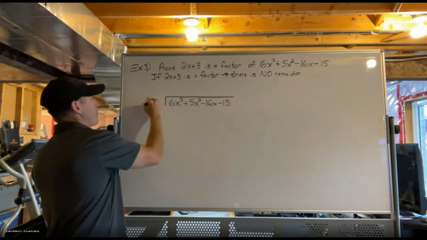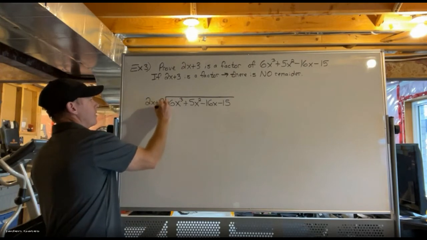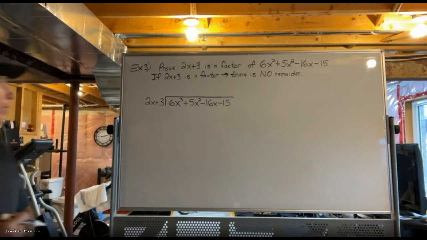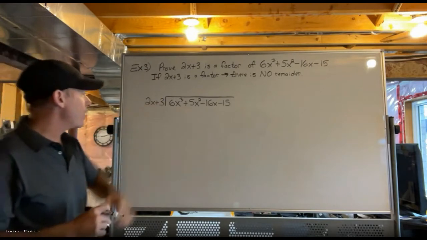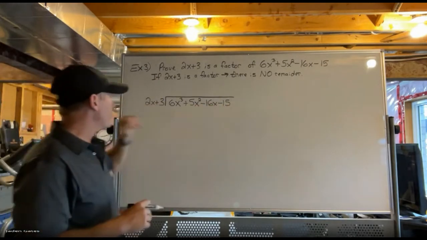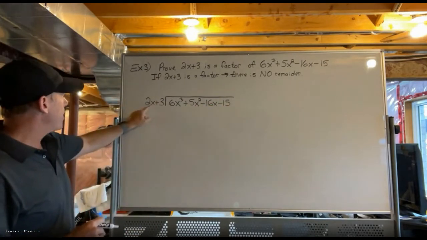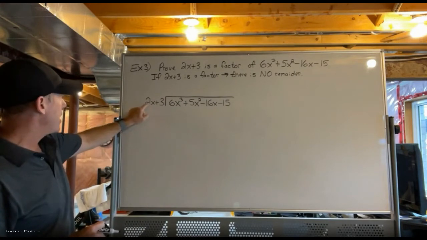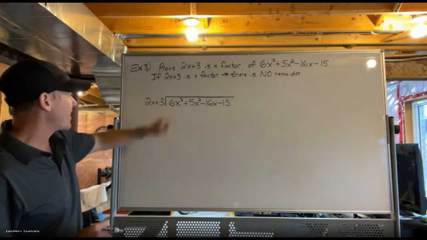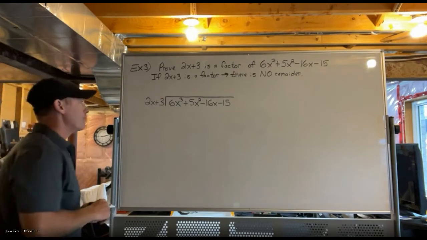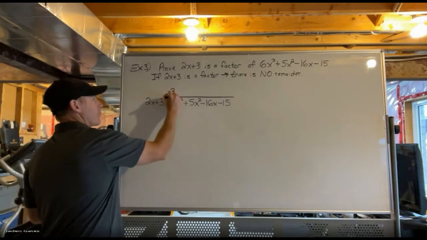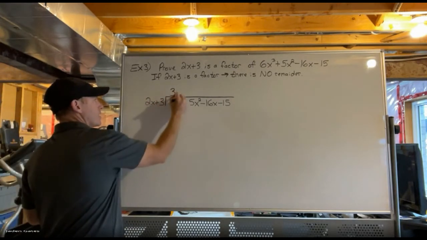And we're going to divide that by 2x plus 3. All right, so here we go. We've got everything written in the right order, filled in. There's no spaces to be filled in, so we're good that way. So here I go. I'm looking at how do I get from 2x to 6x cubed in terms of multiplying? Well, I'd have to multiply by a 3 to get to the 6, and then an x squared.